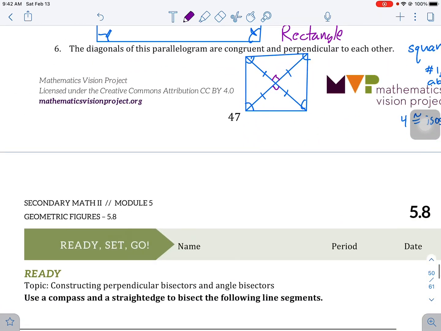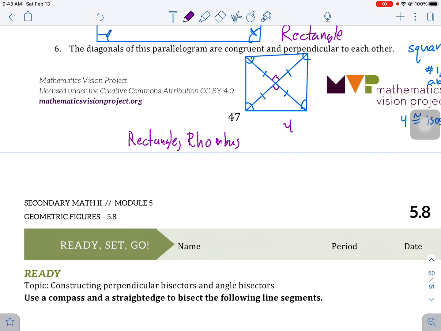So this one is both a rectangle, but it's also a rhombus. In other words, it's got the 4 right angles, and it's got 4 congruent sides. So therefore, there's only one thing that works there, and that is the square.